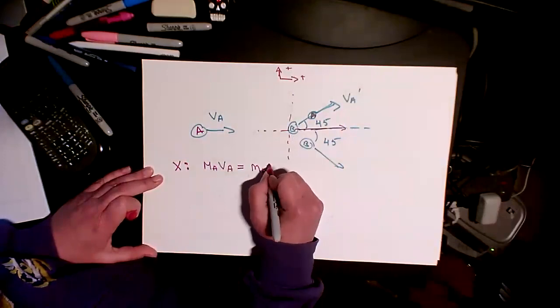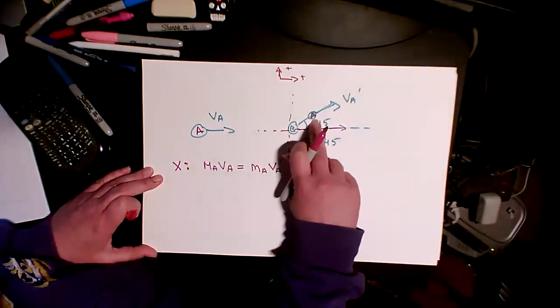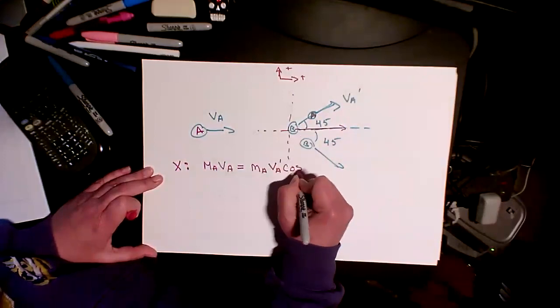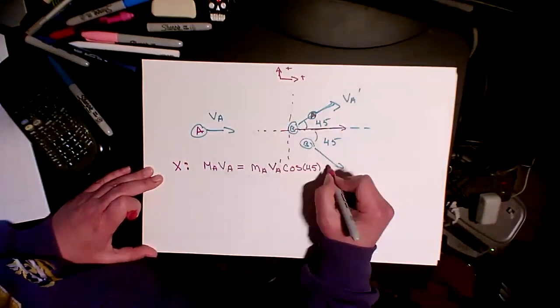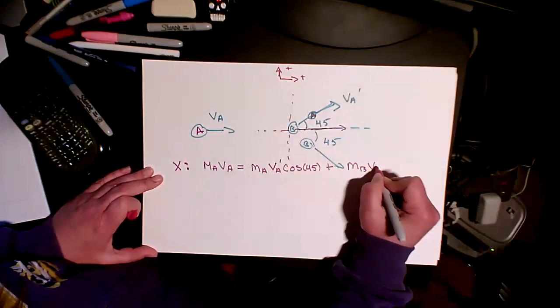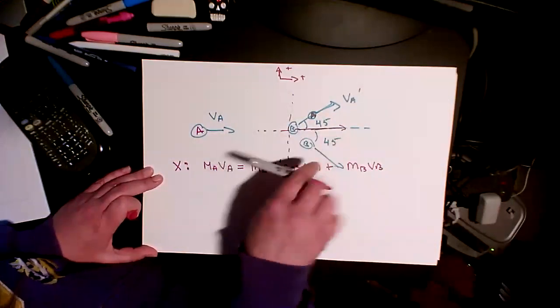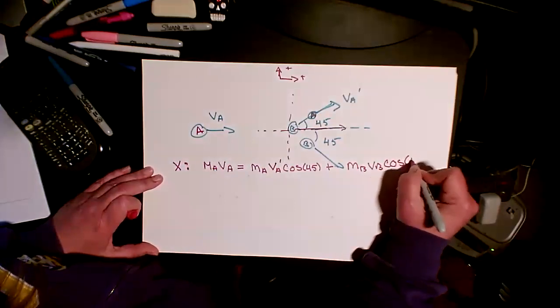So mass A, VA prime, times, that's touching that angle, cosine of 45. Plus, and again, it's still going in the positive direction, plus mass B, velocity B, times also cosine, because that's also touching that same angle, cosine of 45.